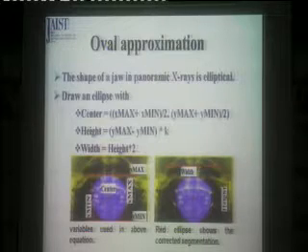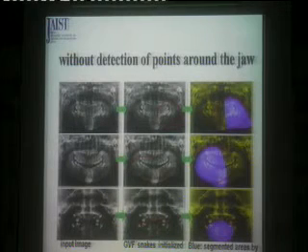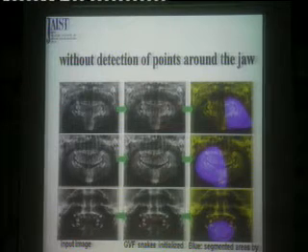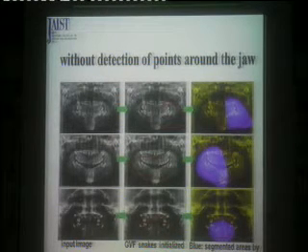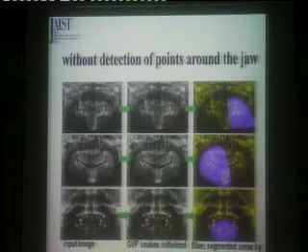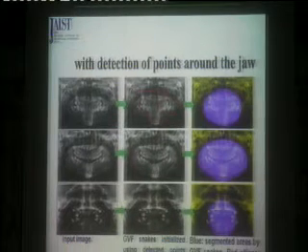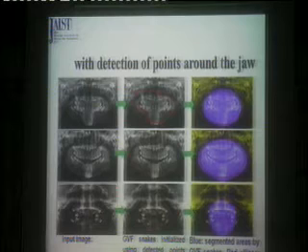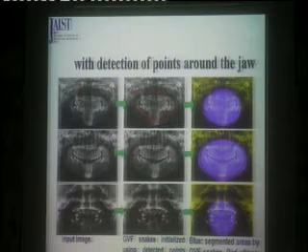But simple application of the snake algorithm will result in failure, something like this. These cases are examples of failure cases that failed to include all the area of the pieces. But by applying the initial points so that they include the jaw, the GBF snake succeeds in including all the area, all the pieces, all the teeth in the overall area like this.